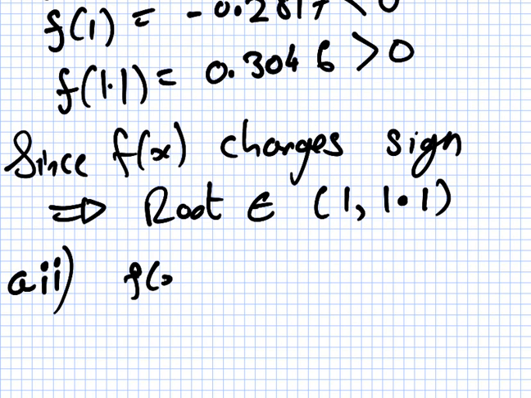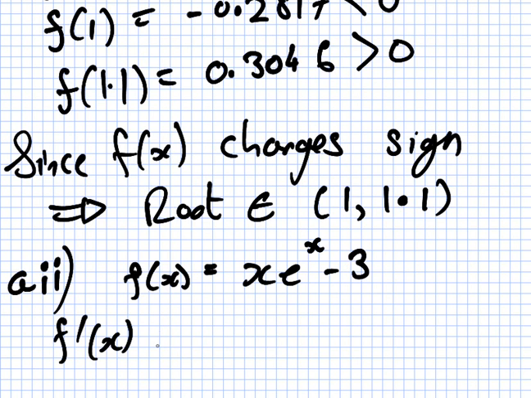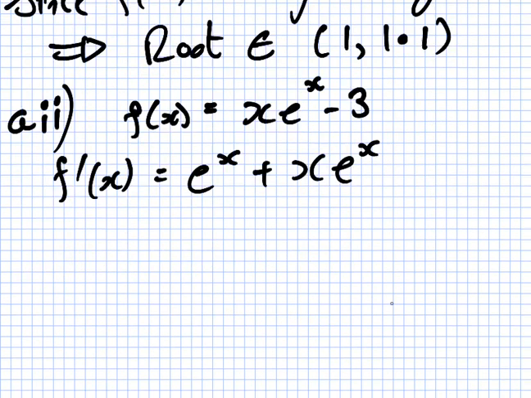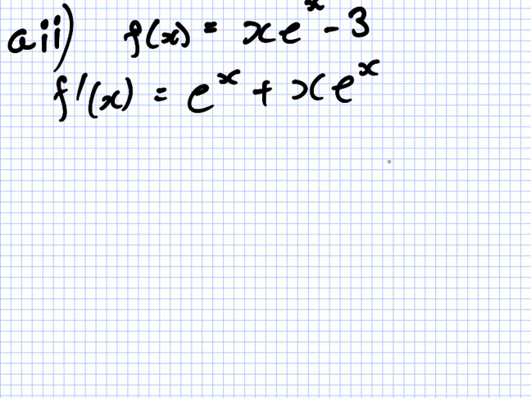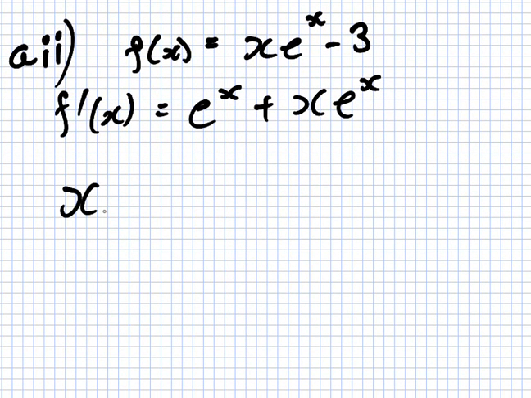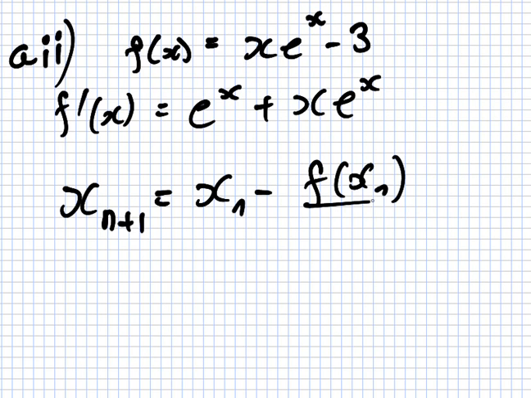f(x) equals xe^x minus 3. Its derivative, by using the product rule, is e^x plus xe^x. So Newton-Raphson's formula in this case would be x_(n+1) equals x_n minus f(x_n) over f'(x_n).